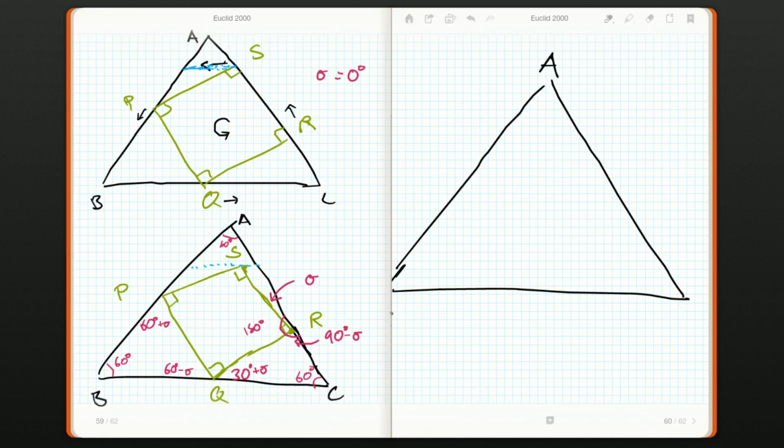So A, B, C, and that nearly worked. I can't seem to draw an angle right now.